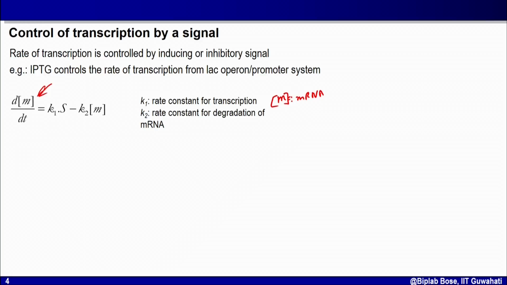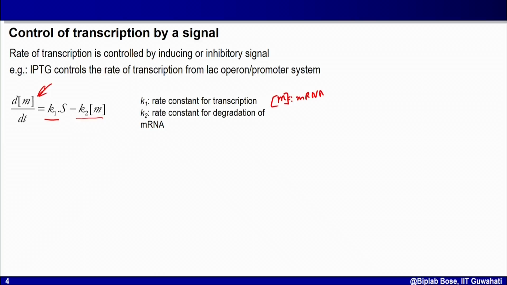S is the signal, for example, concentration of IPTG added to the culture. Minus K2 into M. K2 is the rate constant for degradation. M is the concentration of free mRNA. So this is the first order degradation. The first part is synthesis by transcription. Second part is degradation. Now see the first part, the transcription part, K1 into S.